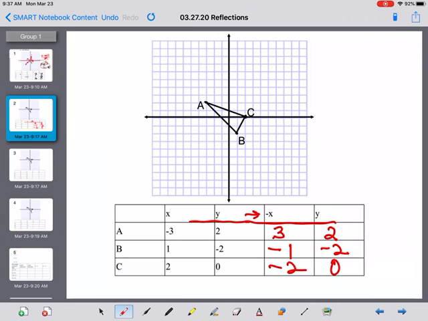So go ahead and graph those points. So (3, 2), (-1, -2), and (-2, 0). And then connect those, A, B, C, and then look at that reflection. So what's the reflection on here? It's over the y-axis.